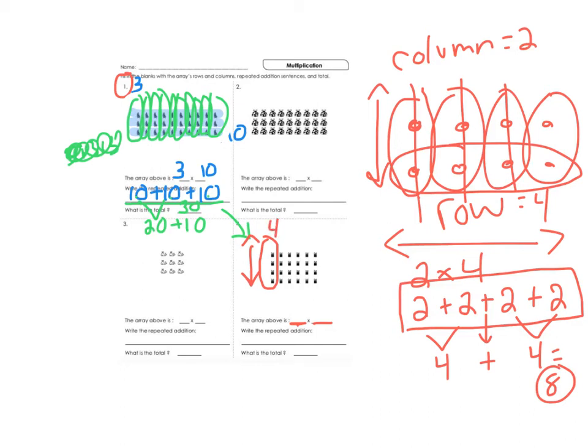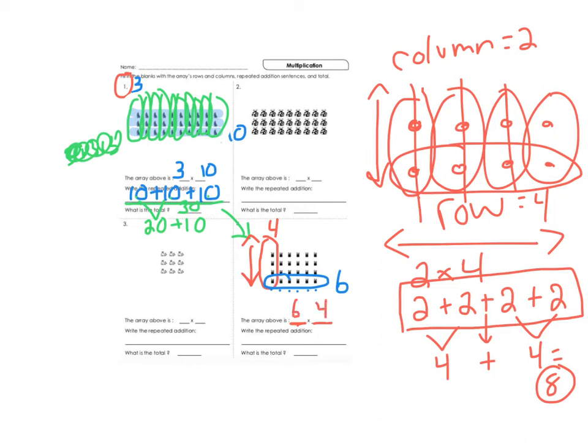Now let's see how many is in the row. The row has 1, 2, 3, 4, 5, 6. So we can say 4 times 6. It would also be correct, because in multiplication the order doesn't matter. We could also write it in the opposite order. We could write 6 times 4.